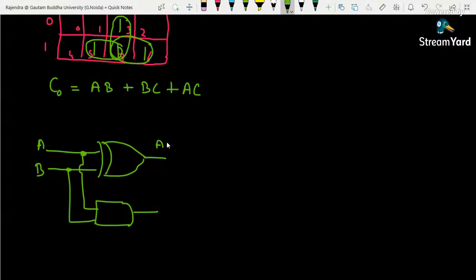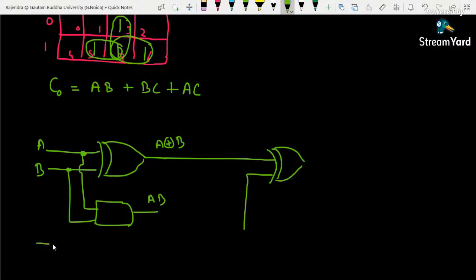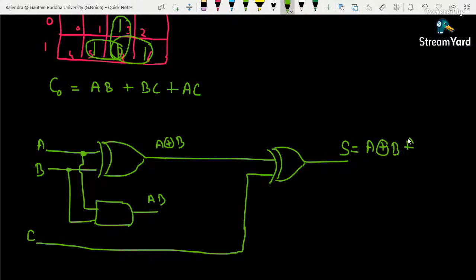The output of this XOR will be A XOR B, and the other output will be A dot B. Now this output goes to the XOR gate input, and the second input terminal of the XOR is connected to another external input C. So here you will finally get the sum output of the full adder circuitry, that will be A XOR B XOR C.